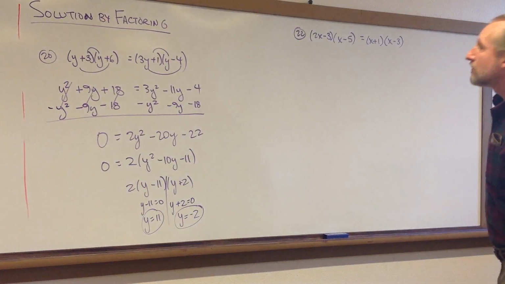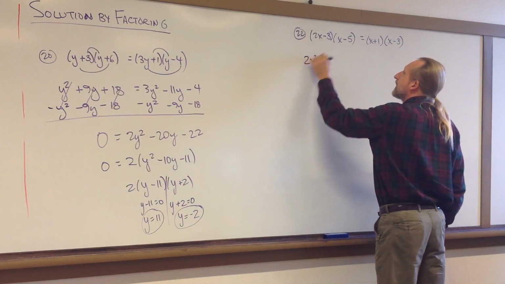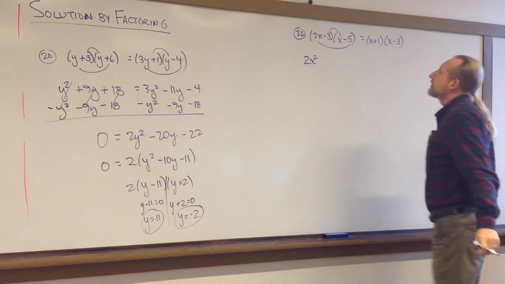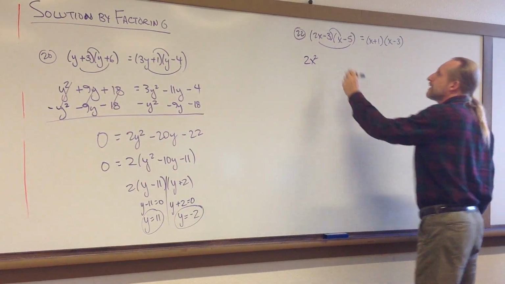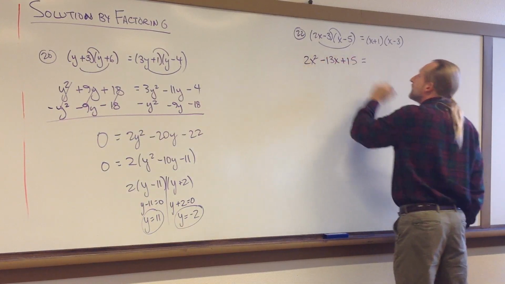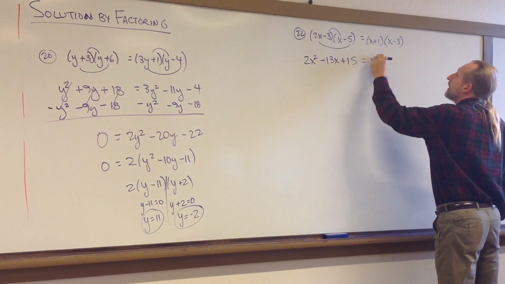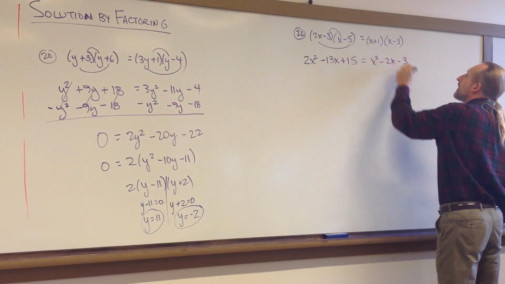All right, so same way we started over there. Let's multiply: 2x squared, negative 10x and negative 3x make negative 13x, plus 15. And then over here, x squared minus 2x minus 3.